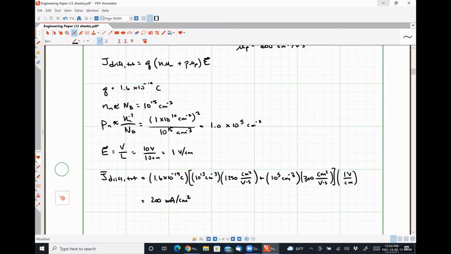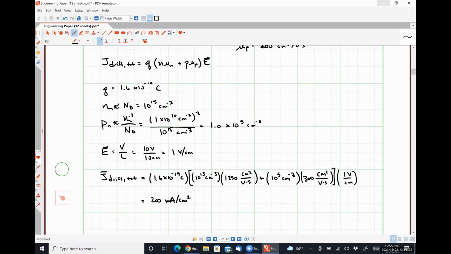So all of this math right here is effectively zero in comparison to what's going on over here. So we could have thrown away the whole contribution and it would have made no difference whatsoever, right? In an N-type crystal, it seems pretty reasonable that the electrons should dominate the drift current. Similarly, in a P-type crystal, it should be the holes that are dominating the drift current.